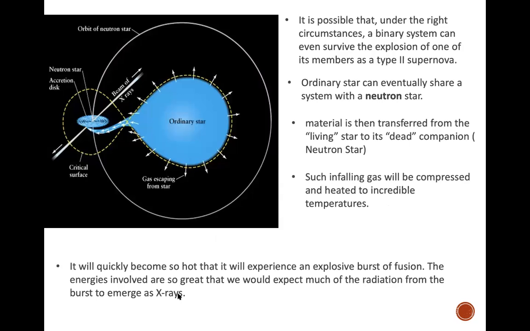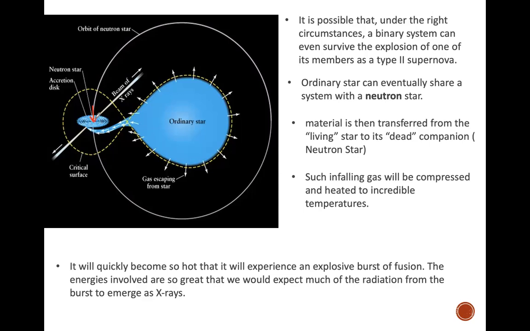Now, this is another situation, where an ordinary star shares a system with a neutron star, right? So this is some more information about neutron stars. In the image on the left-hand side, you have a neutron star right here, and you can see that it's rotating.